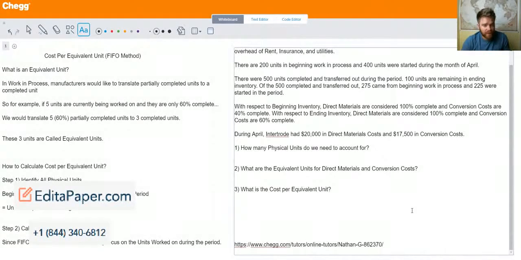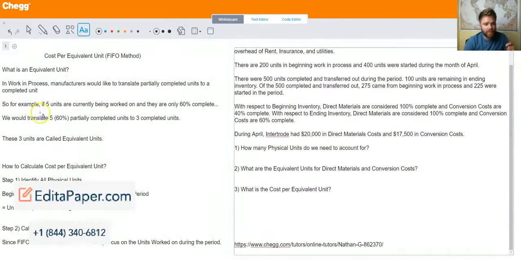Now an equivalent unit is basically translating partially completed units into whole units. So again, in work in process, they're working on these units. They're not fully completed yet. But for purposes of accounting, you'd like to go ahead and translate partially completed units into whole units.